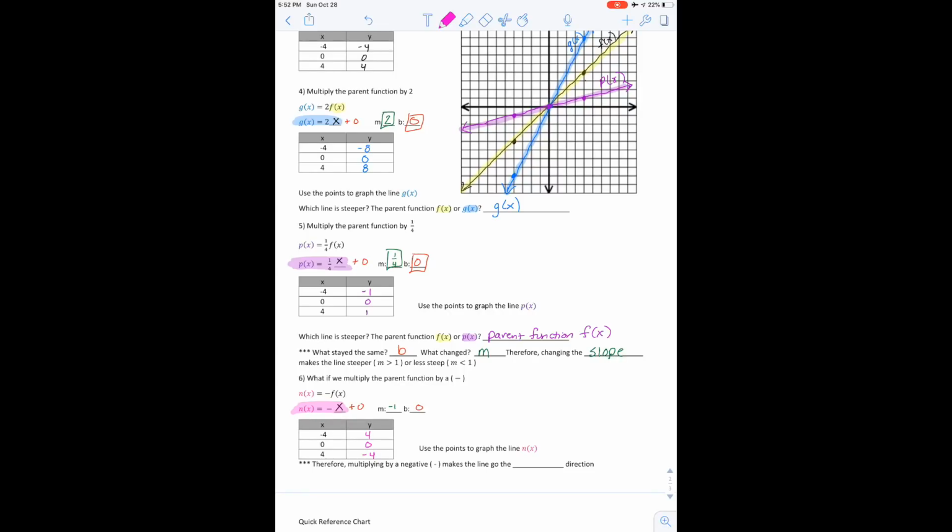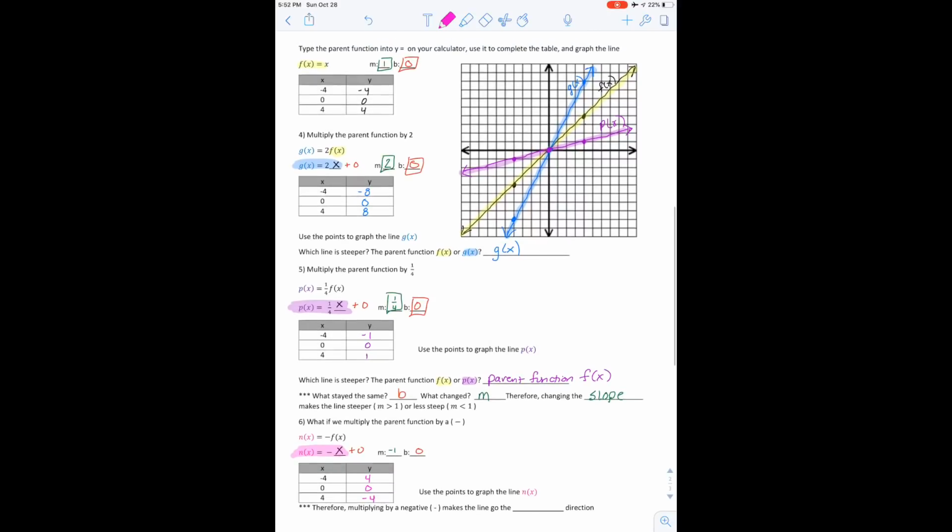So let's plot these points and see if we can see the difference. All right, so -4, 4, 0, 0, and 4, -4.